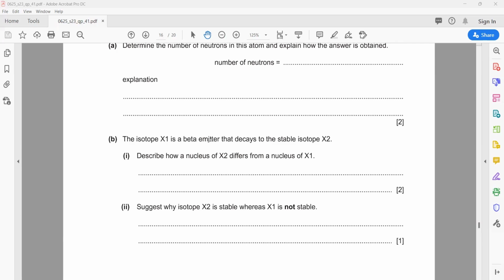The isotope X1 is a beta emitter that decays to stable isotope X2. Describe how nucleus X2 differs from nucleus X1. What is beta decay? Any idea what happens in beta decay?